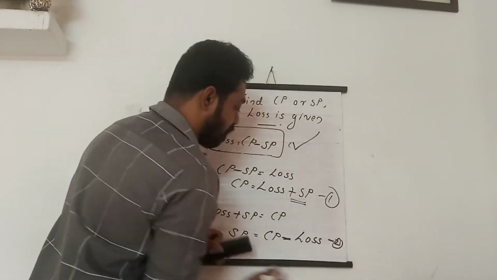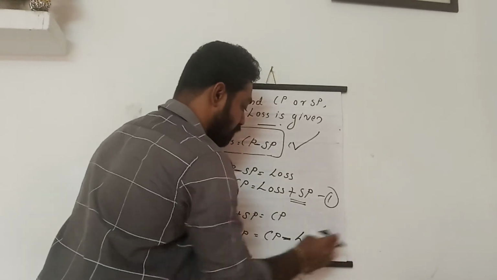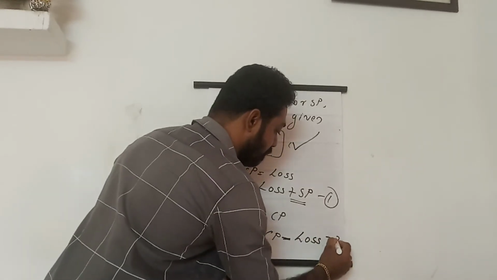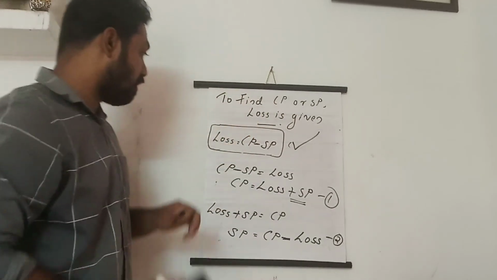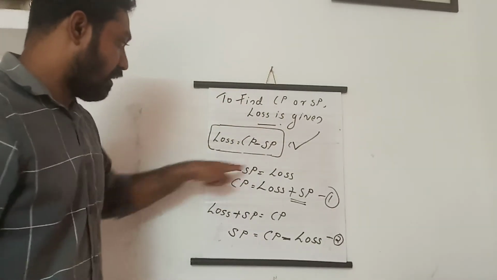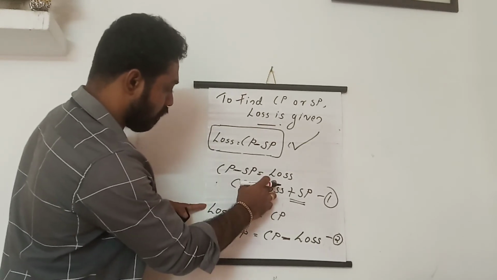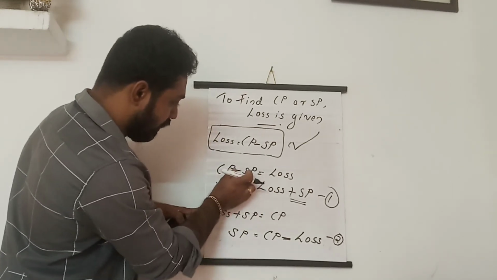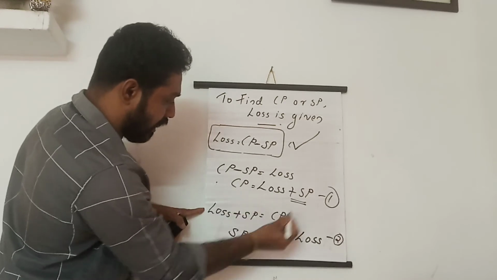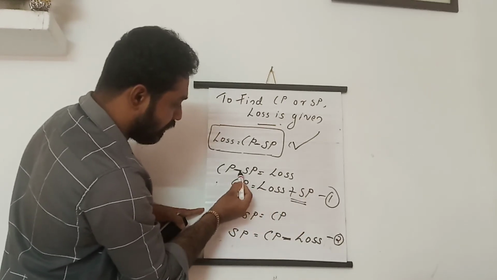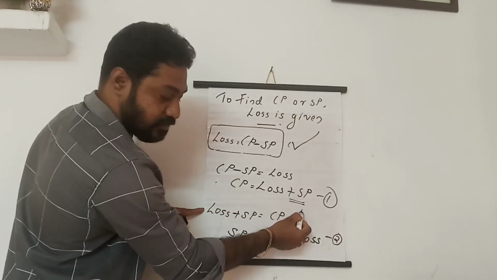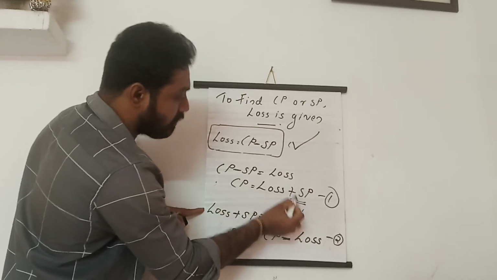So how did I make the first equation? I interchanged it and got CP minus SP is equal to loss. I kept CP on one side, took SP to the other side, loss is already there, then minus SP became plus SP. So CP is equal to loss plus SP.